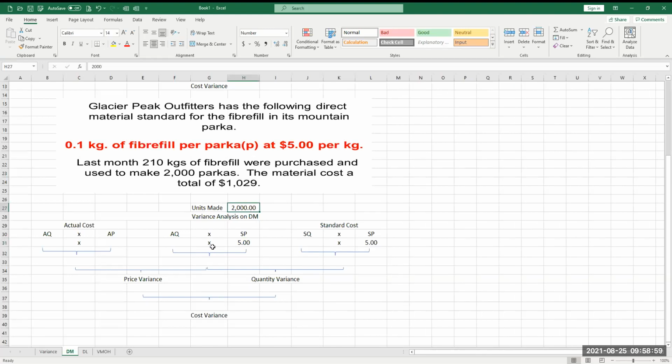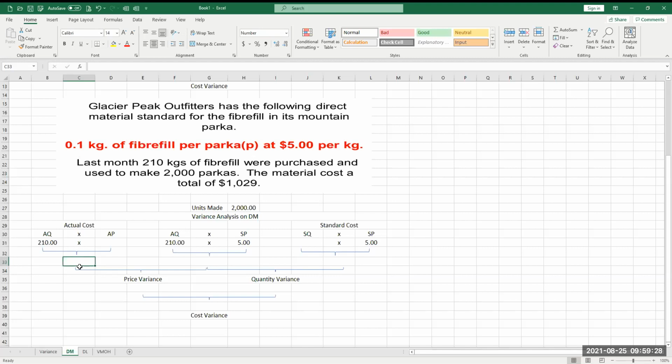That's the number of units that we made, correct? What was the actual kilograms or actual quantity of the material that we used? 210 kilograms, which is our actual quantity, correct? Okay. So, how much was our total cost?